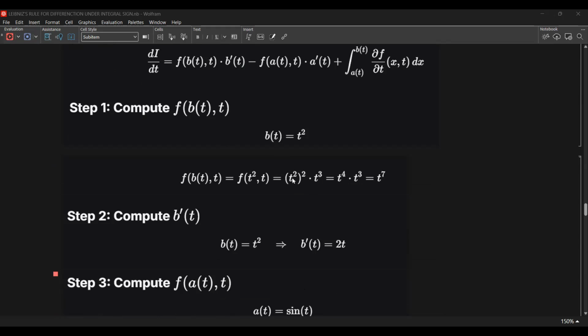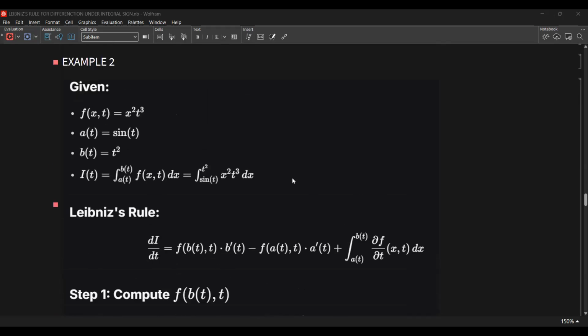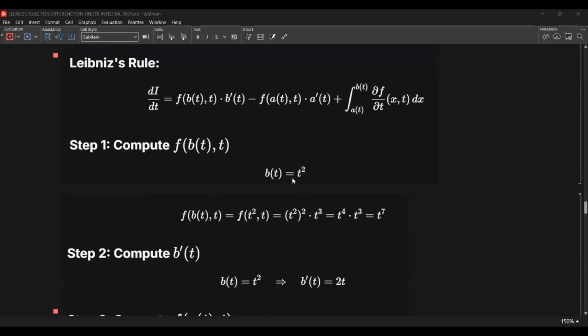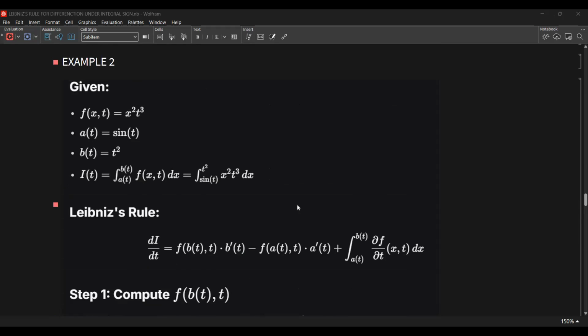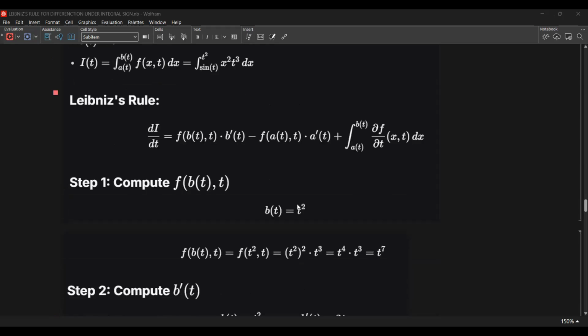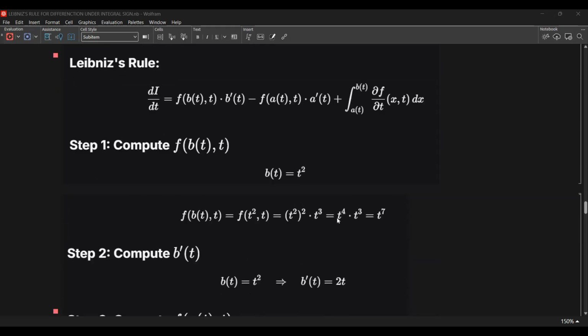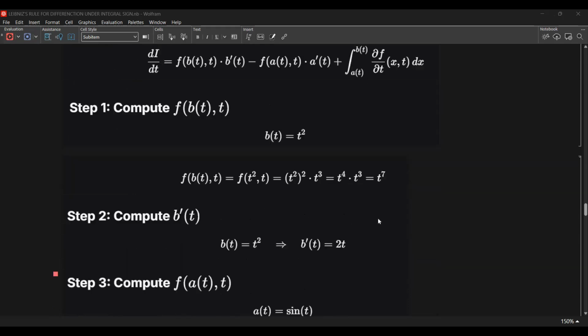So t squared here is equal to x squared. So x squared equal to t squared. So this is t to the fourth times t cubed, which is t to the 7.